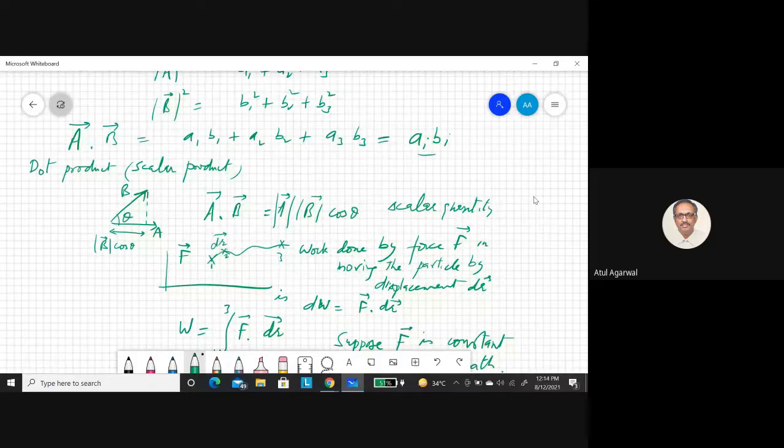If i is a repeating index, this is a slightly advanced concept, it implies addition, and all three values have to be taken by the index i.